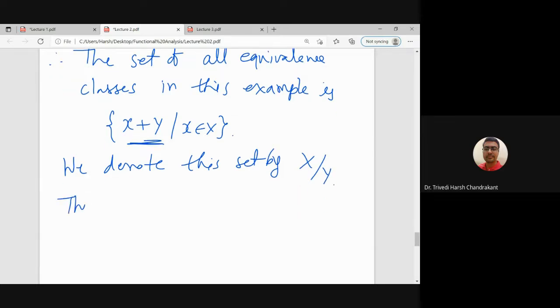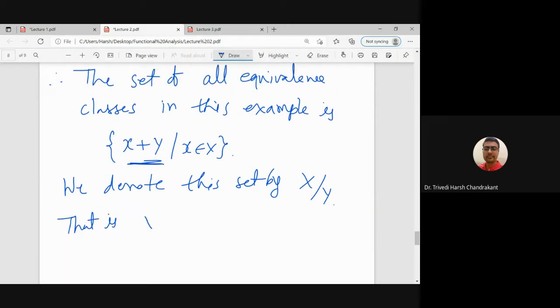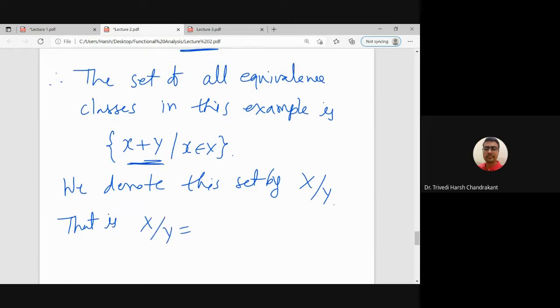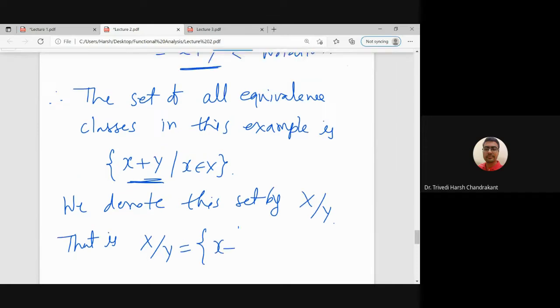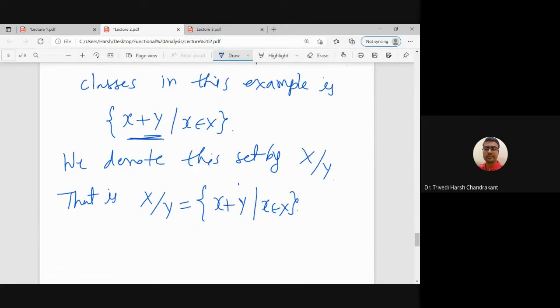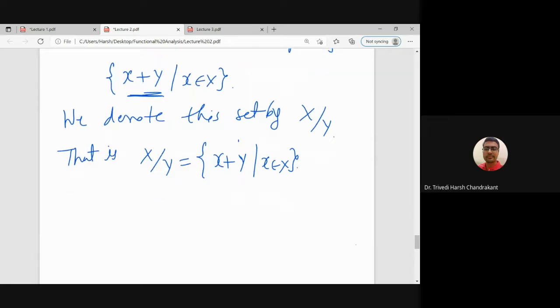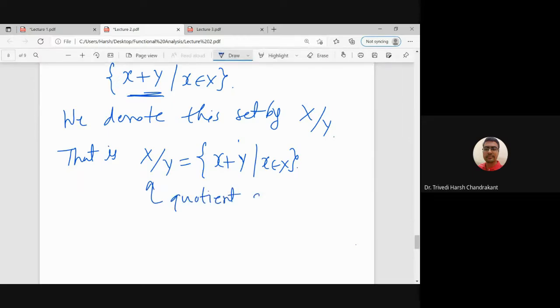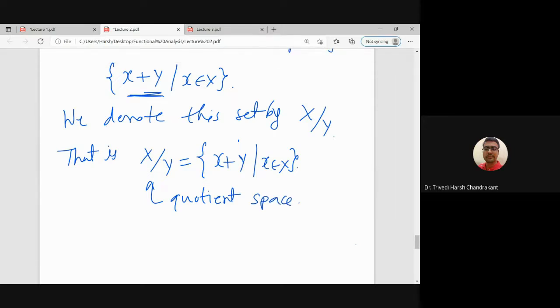So what we are saying is X quotient Y is the set of all equivalence classes coming from this equivalence relation, and this is known as the quotient space. Right, the set of equivalence classes with respect to this relation is known as the quotient space.